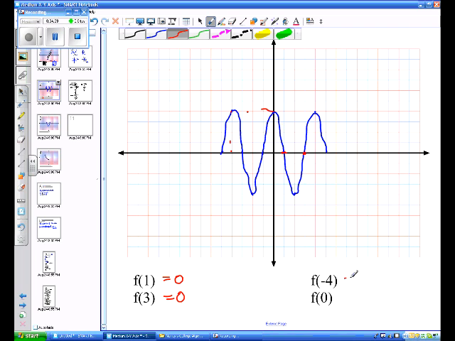That's +4. If we did f of 0, when x is 0, our y value is 4. So it's just a matter of reading those values from the graph. And given a graph, you need to be able to evaluate some specific values.